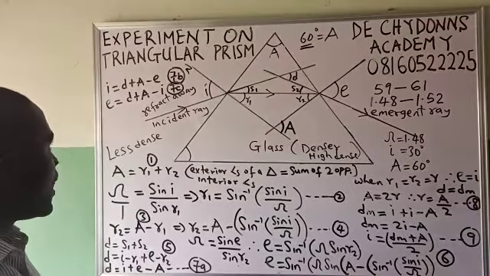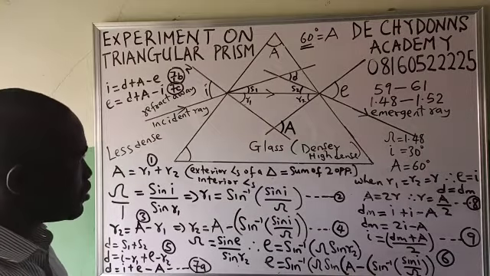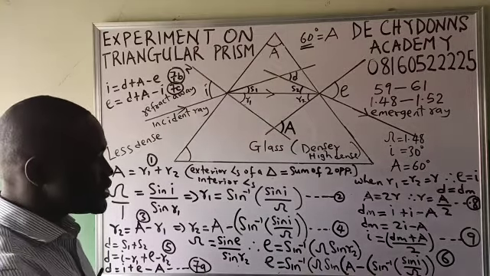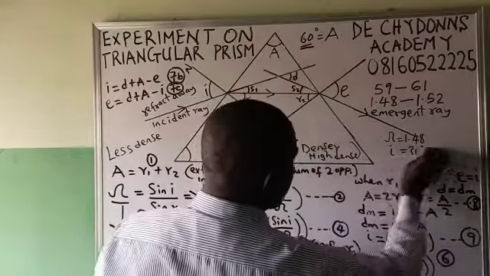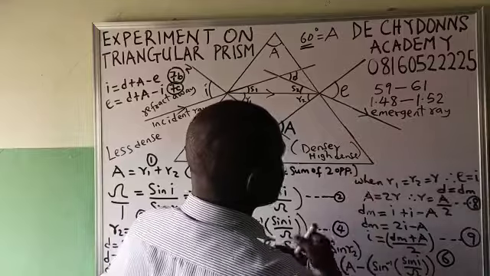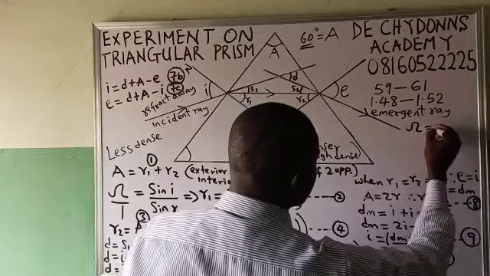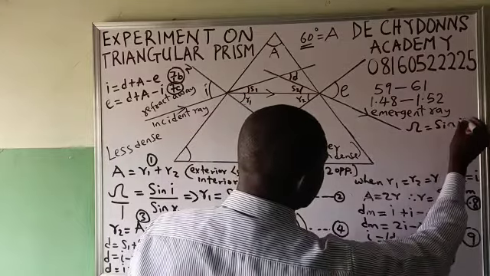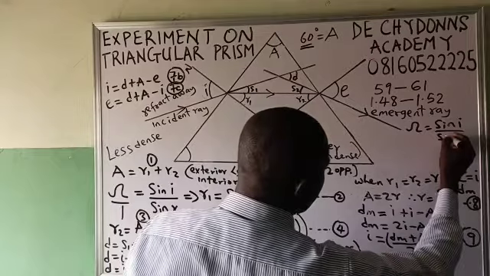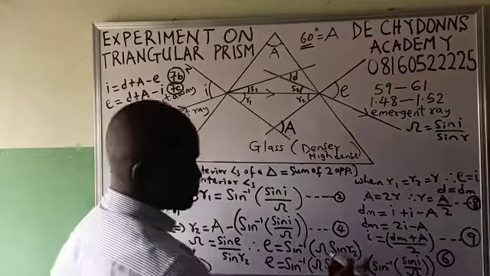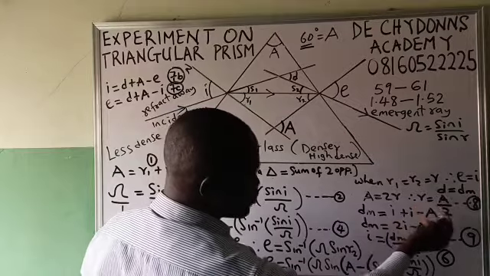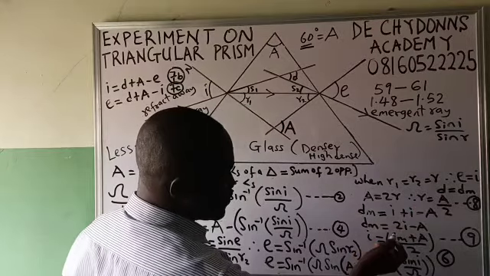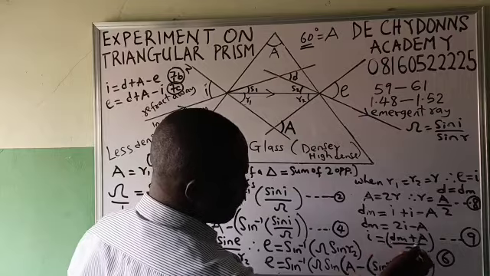Equation 9. Since we have gotten this to be equation 9, remember that refractive index is equal to sine of the incident angle over sine of the refraction angle. Our R in this special case is A over 2, and our I is Dm plus A over 2.